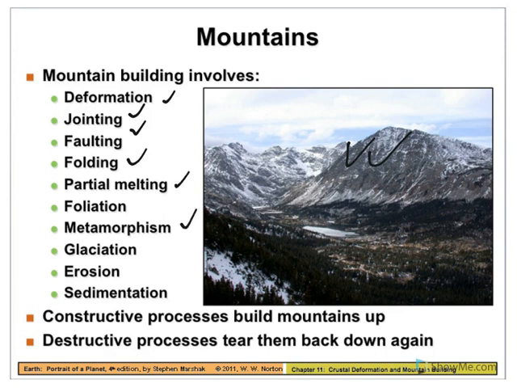Maybe I'm going to get metamorphism, so I might get foliation as well, because remember, mountain building is a regional type of metamorphism. And then, of course, later on, after they've formed, if I'm up in the mountains, I'm probably going to get glaciers, definitely erosion, and sedimentation. So we have to realize that it's a constructive plate boundary or plate tectonic process to build these mountains back up. And these last three that we talked about are destructive processes which tear them down.